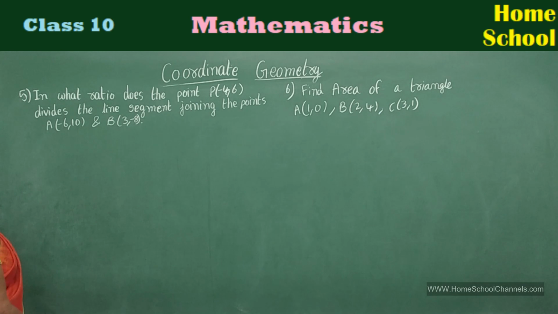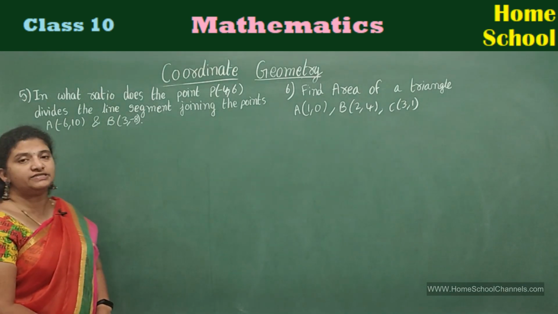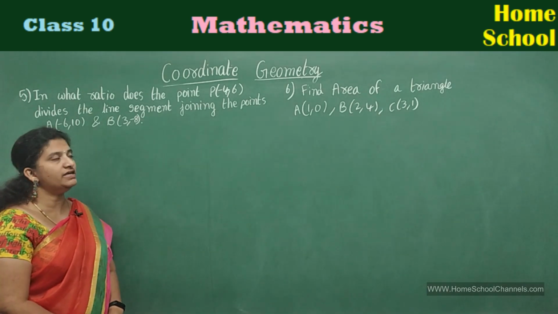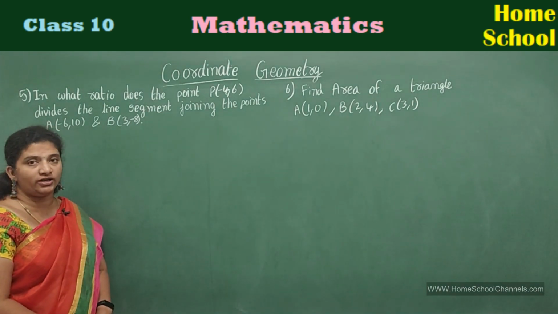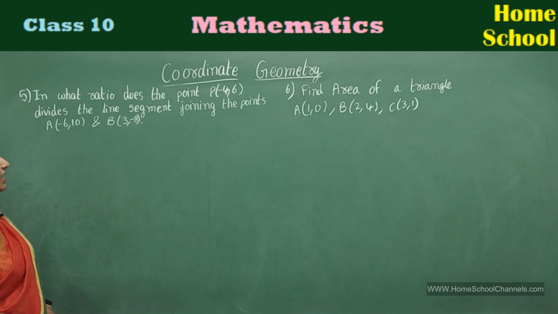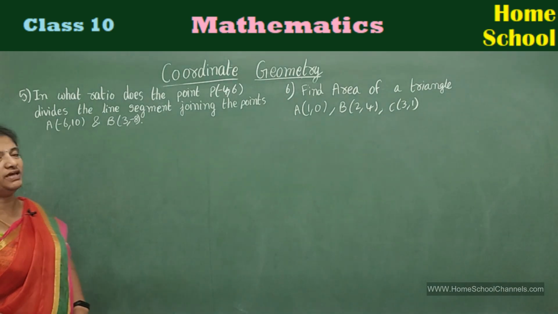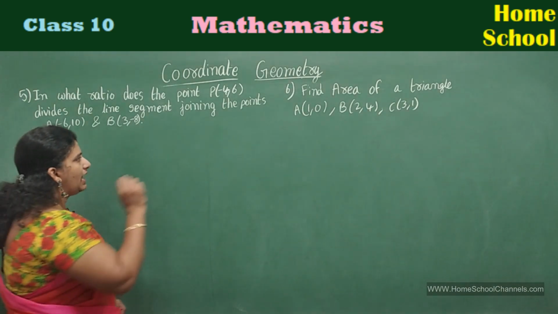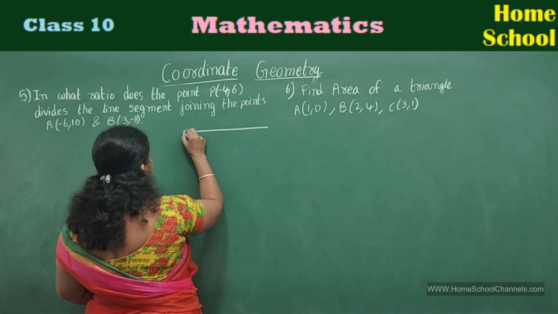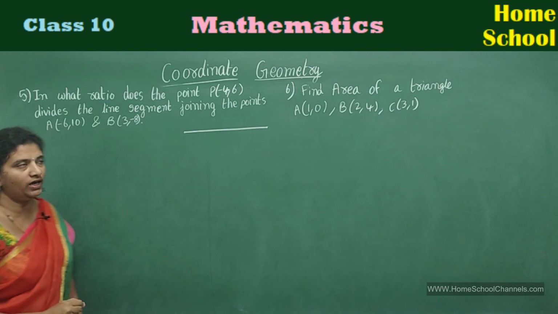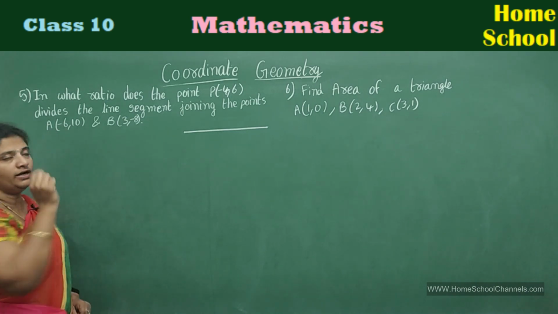Fifth problem. In what ratio does the point P minus 4, 6 divide the line segment joining the points A minus 6, 10 and B 3, minus 8? Understand this problem by drawing a line segment. Okay. In what ratio?